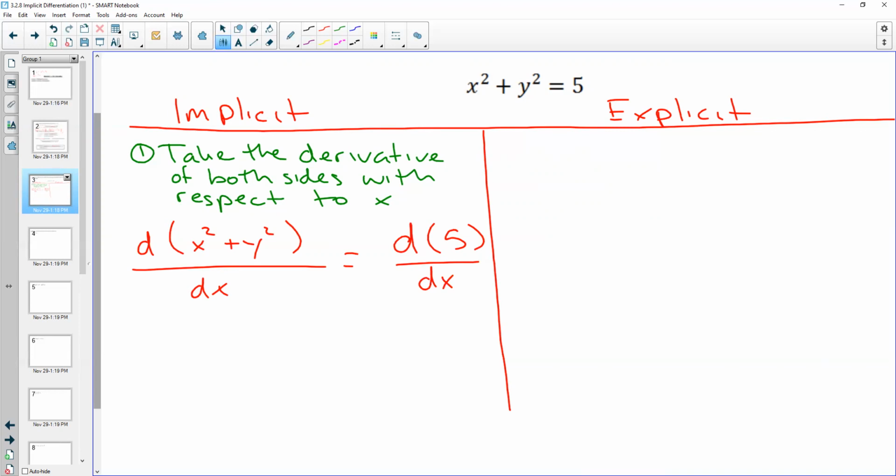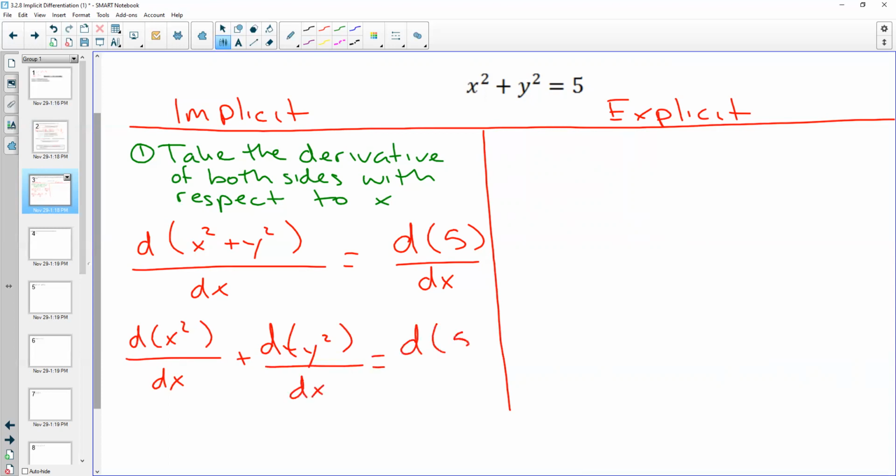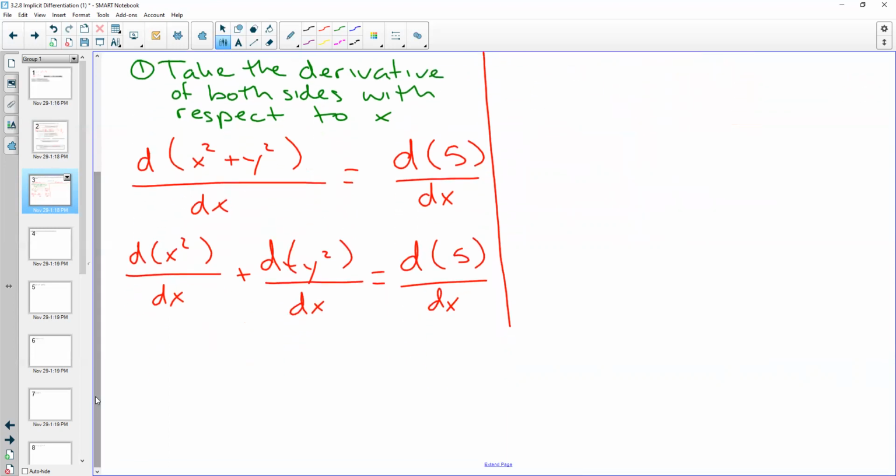We can split this up. So this will be the derivative of x squared with respect to x plus the derivative of y squared with respect to x is equal to the derivative of 5 with respect to x. Okay. Any questions so far? Pretty good.